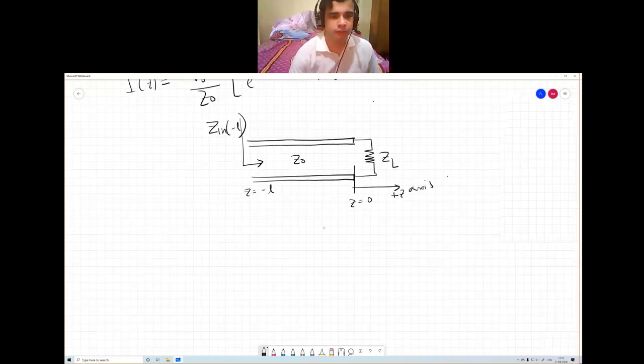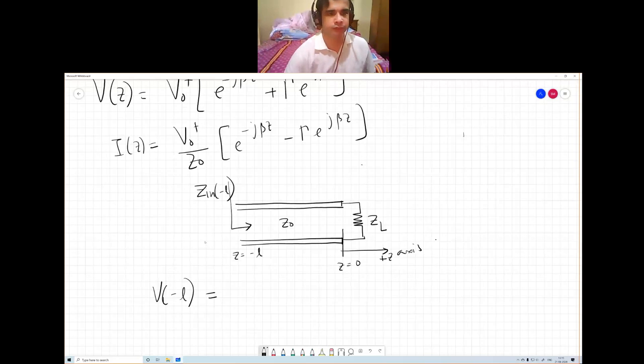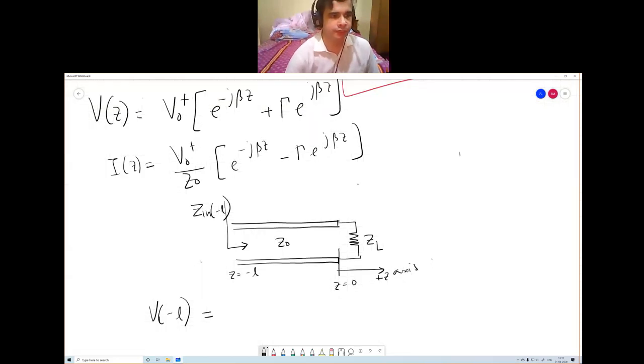What is V at the point minus L? If this is V at the point z, what is the value of V at the point minus L? First question.